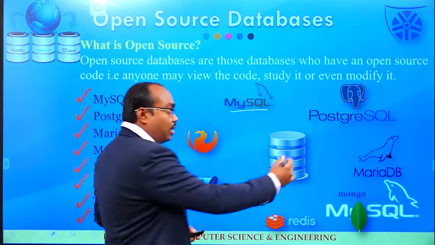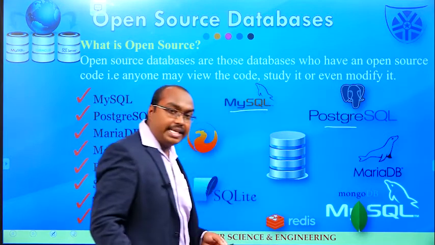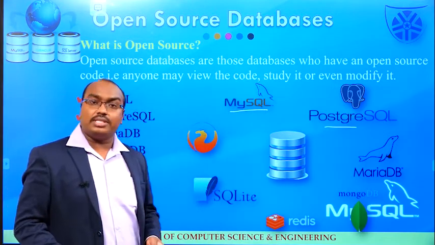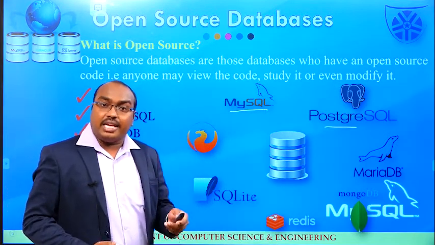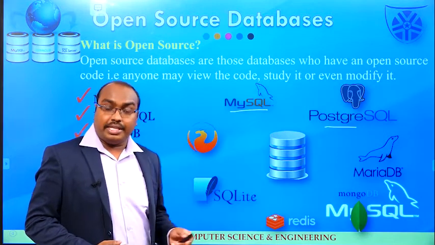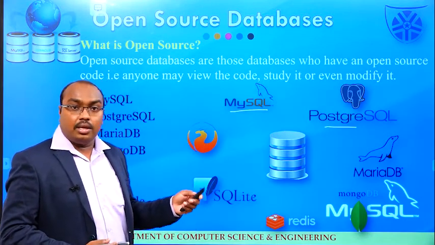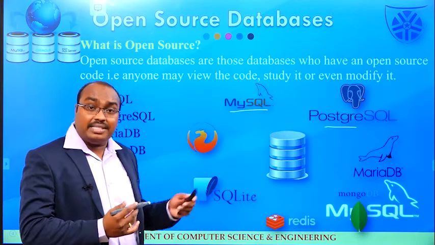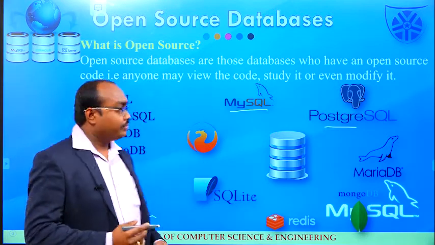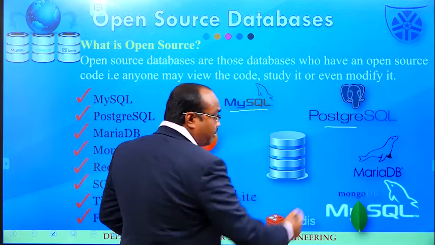And the next database, PostgreSQL. The PostgreSQL open source database is an object relational database management system. It is more robust and higher performance than MySQL. And coming to the next one, MariaDB.